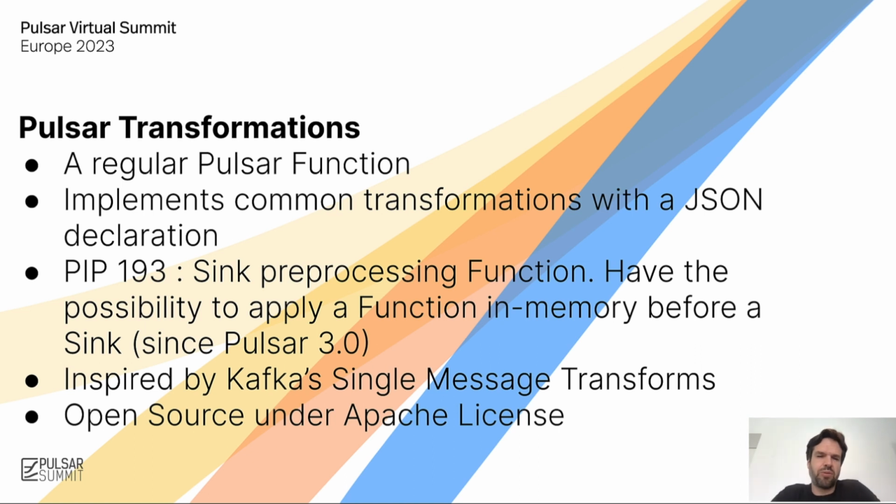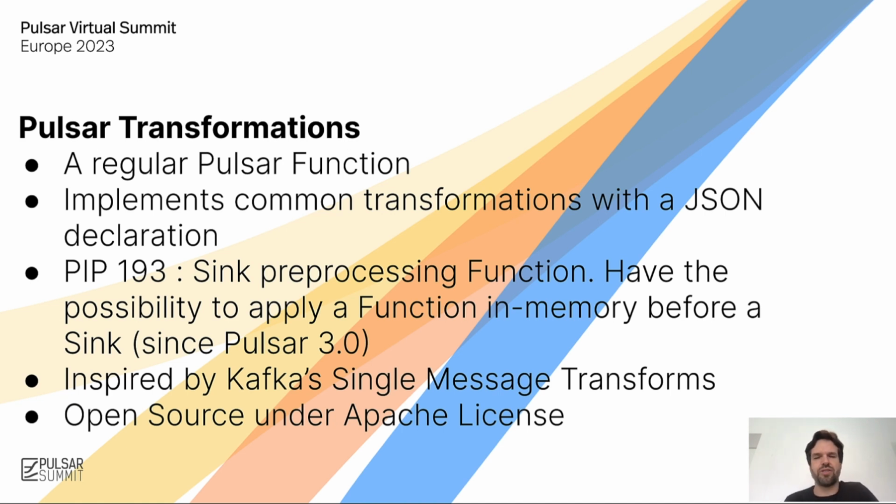So this is how we came to Pulsar Transformations, and we designed Pulsar Transformations as a regular Pulsar function. This way we use all the function management of Pulsar, the life cycle, etc. It's a regular Pulsar function. Everything you have for Pulsar functions is applicable to Pulsar Transformations.